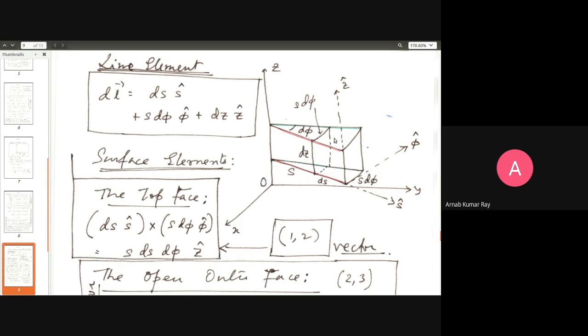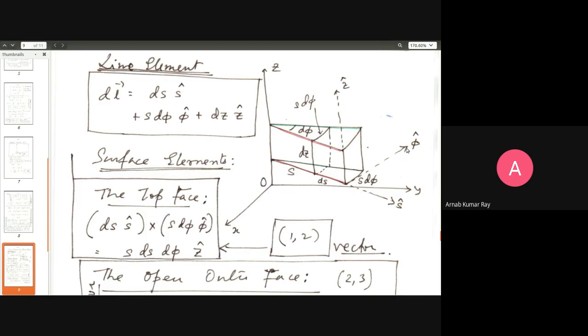Now let us look at the unit vector of S d phi. S d phi is a part of this curved path, a part of the circumference of a circle. S d phi is going around like this, sweeping out a small length taken out of the circumference of a circle. If that is so, then it is pointing in the phi cap direction.